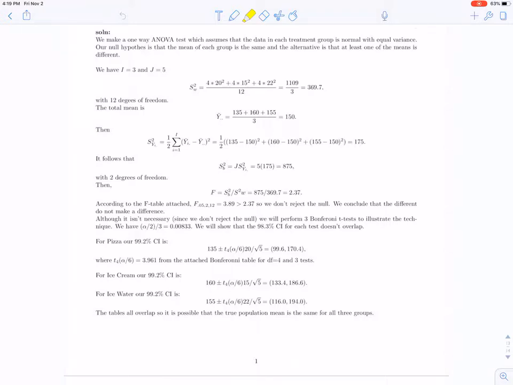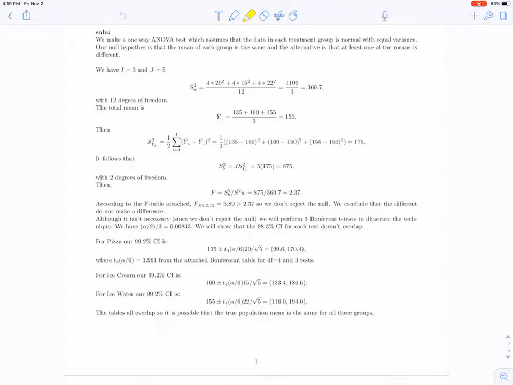But we're going to do a Bonferroni t-test anyway, just to illustrate it. So we have alpha over 2 over 3, so that's 0.00833. So we're going to show that we have three 98.3% CIs, and we're going to calculate them.